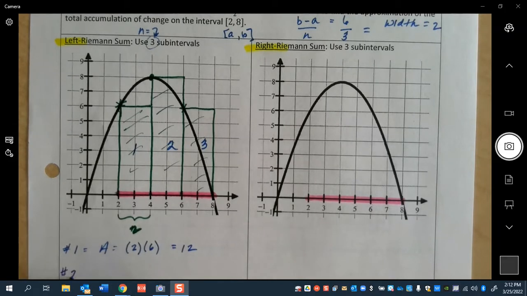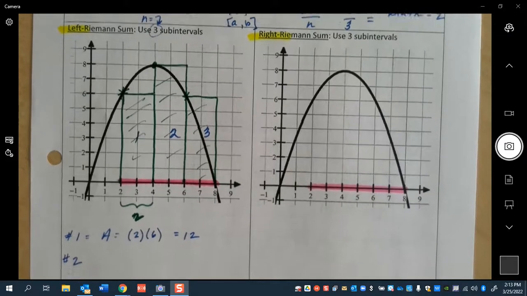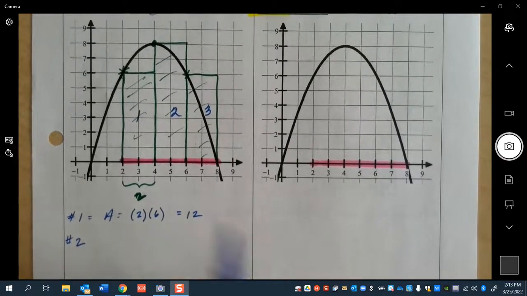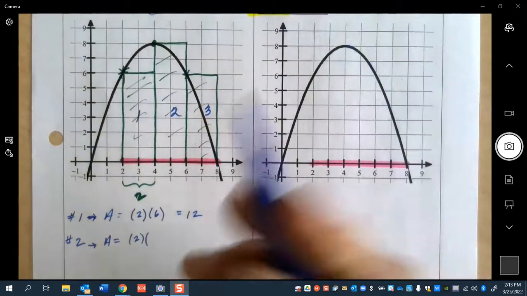For my second rectangle, my area is going to be my width, which is 2, and my height, which is 8.